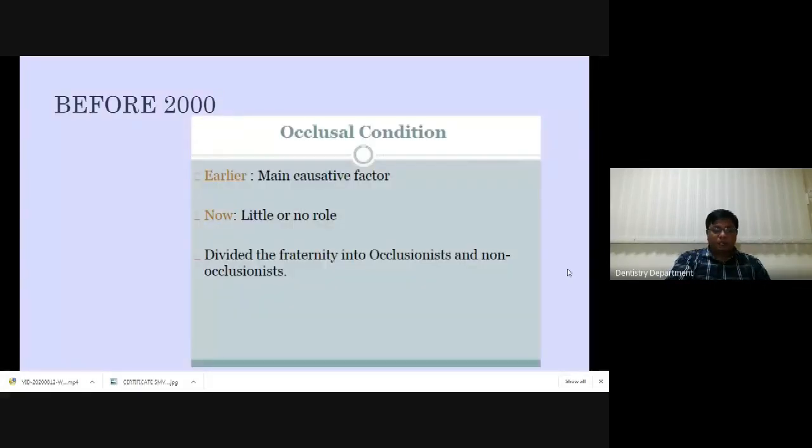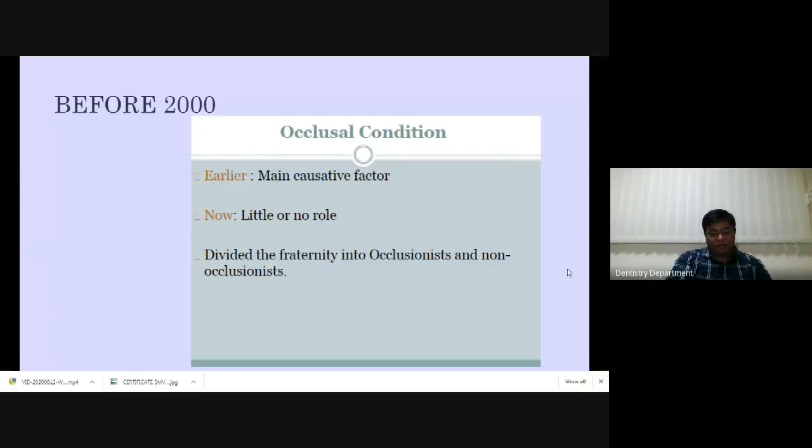In the same way, before 2000, they considered occlusion a causative factor. Then a lot of evidence showed that occlusion is not a causative factor, and it divided the fraternity into occlusionists and non-occlusionists.